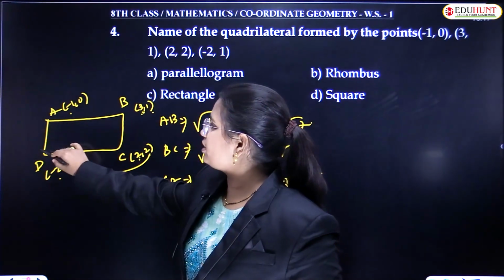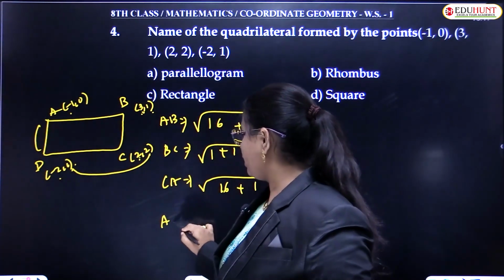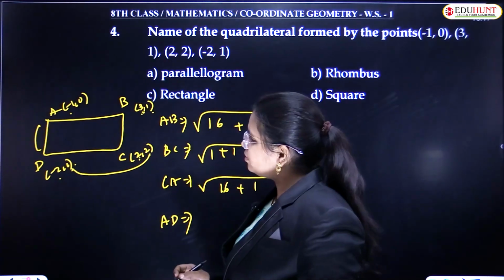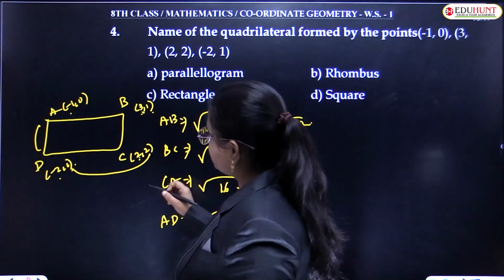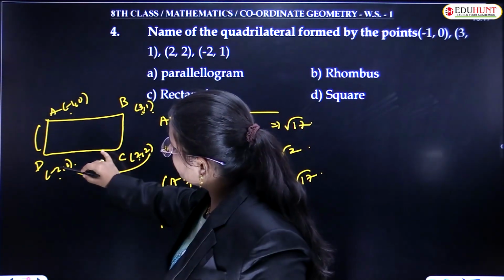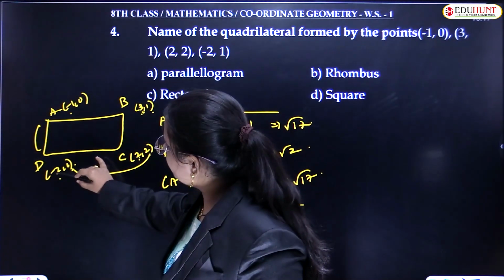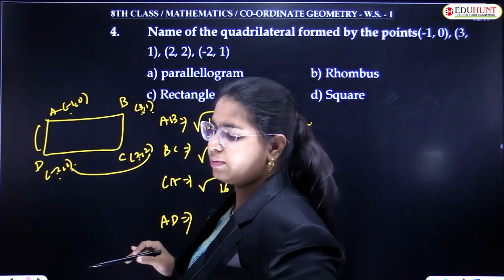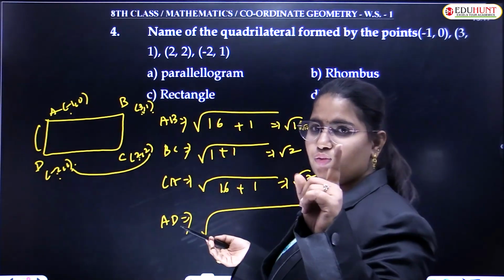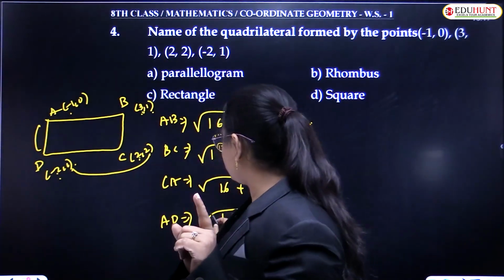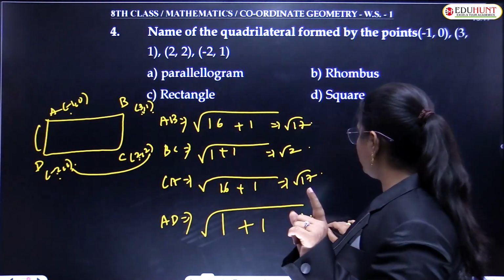So we are left with AD here. AB, BC, CD, CA, AD. What is the distance of AD? Minus 2 minus of minus 1, minus 2 plus 1, which is 1. 1 square is 1. Next, 1 minus 0 is again 1. So you have root 2 again.